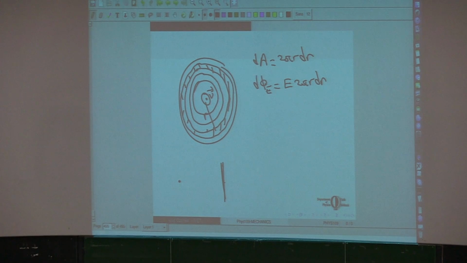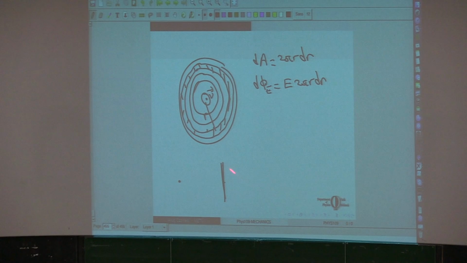Since I'm using this flat disk as my area, I just divided this flat disk into very small rings itself. I took one of those rings. I know the area of that ring is this one. I chose the one that has the radius small r and has a thickness dr, so its area is 2 pi r dr. The flux that goes through it will be E times 2 pi r dr.